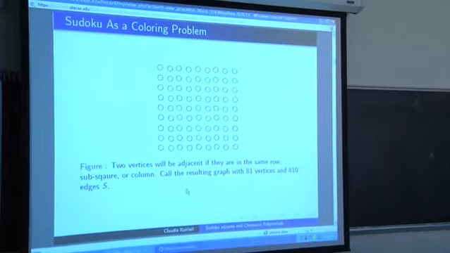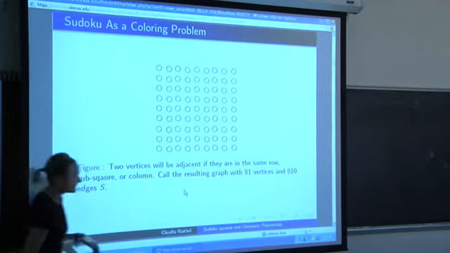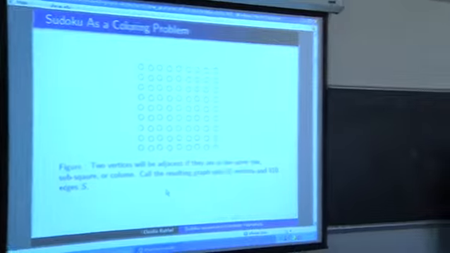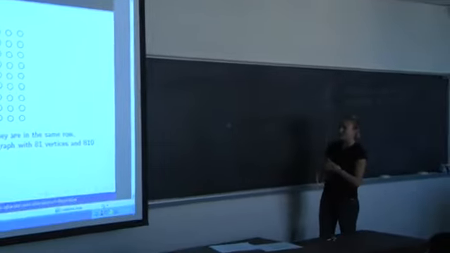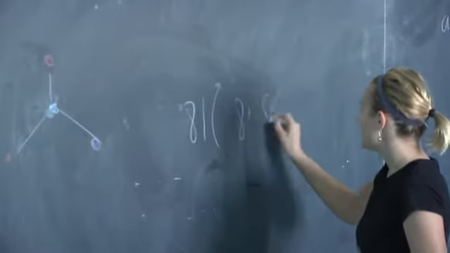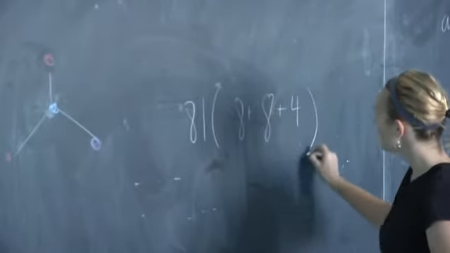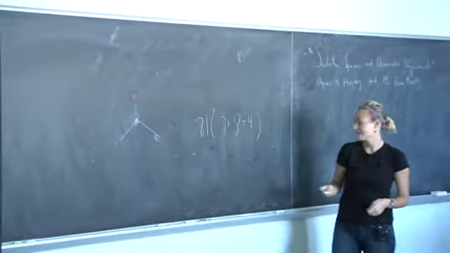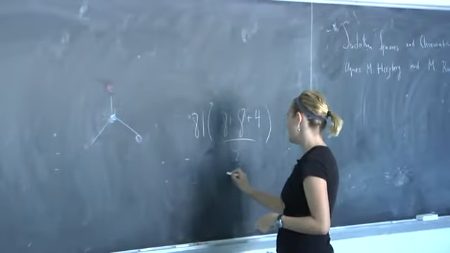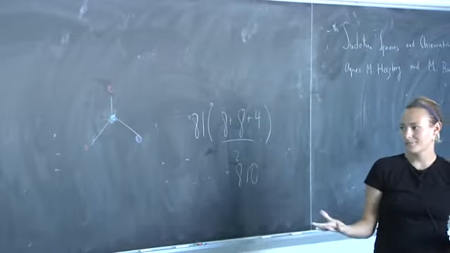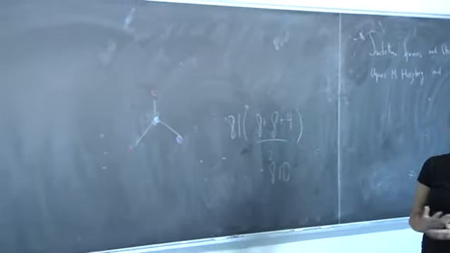I do that for all of the 81 vertices, so it's 8 plus 8 plus 4 for each vertex. But then I have to divide by 2, because I'm counting each edge twice, and that's going to be 810. So we have this huge graph, and we're going to call it S, our Sudoku graph.